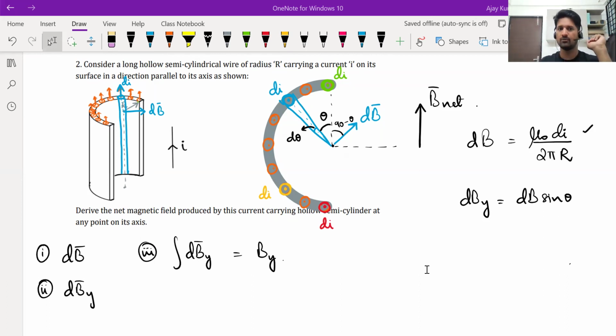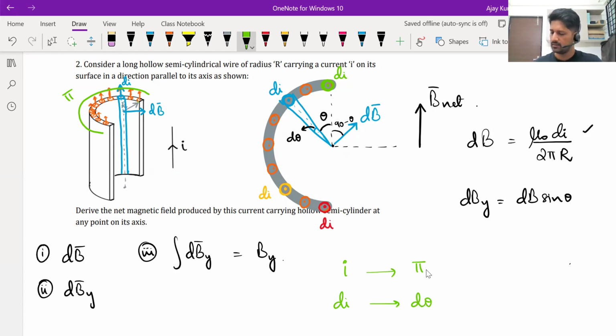So the total current flowing on this surface is I. The current I is spread over this angle of how much? 180 degrees, that is pi radians. Current I corresponds to pi radians. Di corresponds to d theta. Divide them, and you get di by I is equal to d theta by pi.